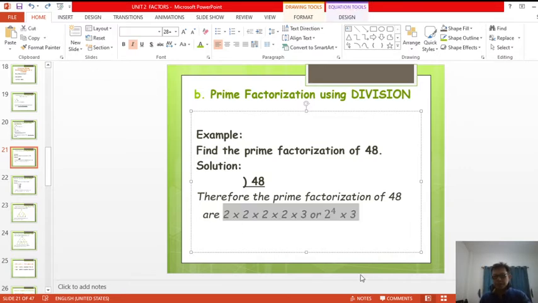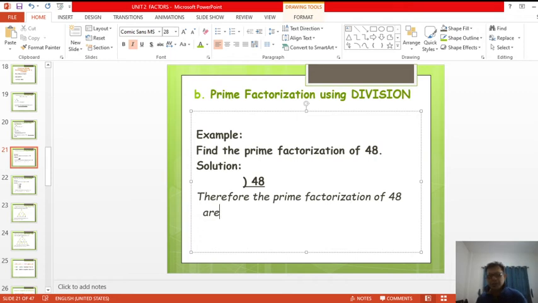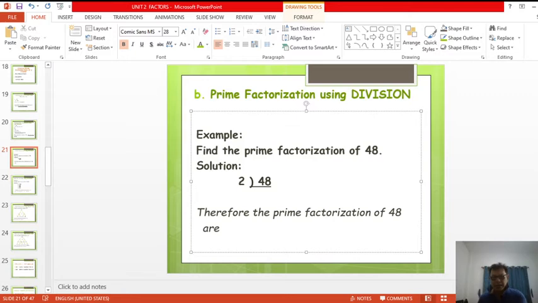So all you gotta do is divide this by 2. So 48 divided by 2 is how much? Put the answer here. See? 24, correct.